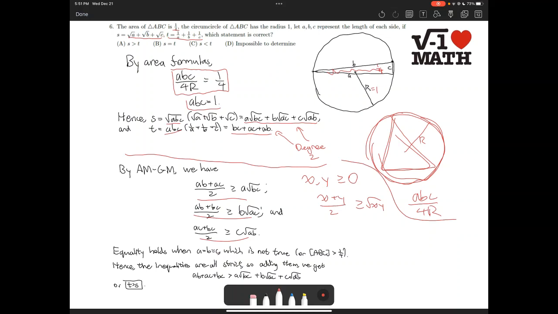We can use this with x equals AB and y equals AC. And we can apply this again with AB and BC, and AC and BC. Now, the thing about AM-GM is that equality holds when x is equal to y.